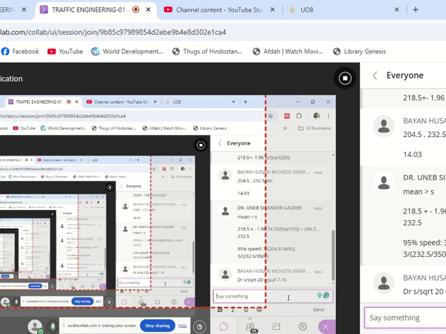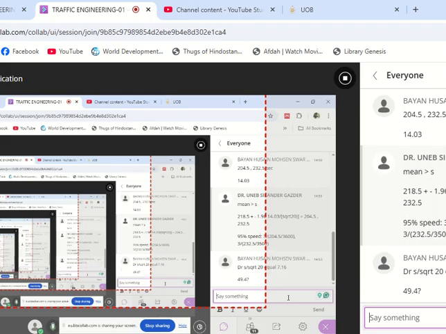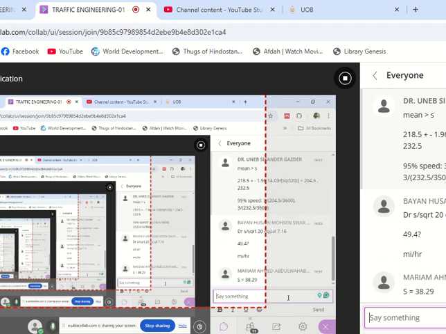Can you give me the speed values here? Mean is 49.4, which you told me earlier, miles per hour. 38.29.